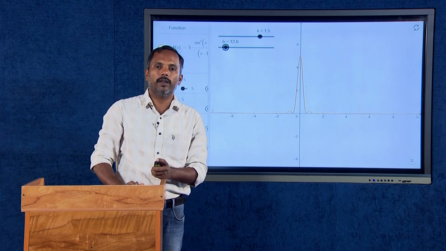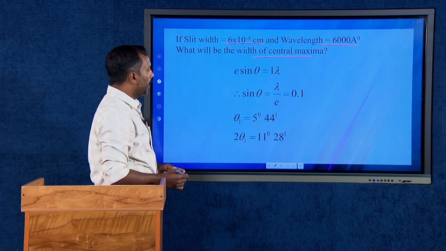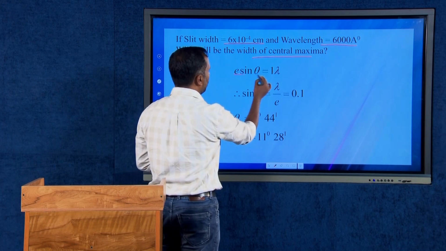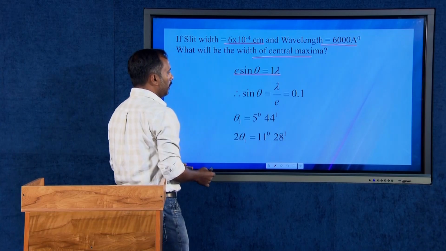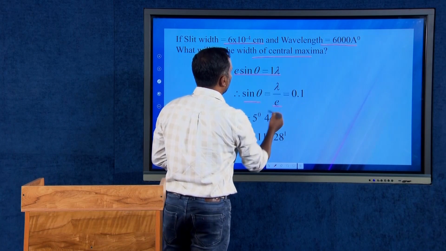width and wavelength. Let us exemplify this case with the slit width as 6 into 10 raised to minus 4 centimeter and the wavelength we are taking as 6000 angstrom. Then what will be the width of the central maxima? So, the condition for the first minima is e sin theta is equal to 1 lambda, and sin theta can be written as lambda by e.